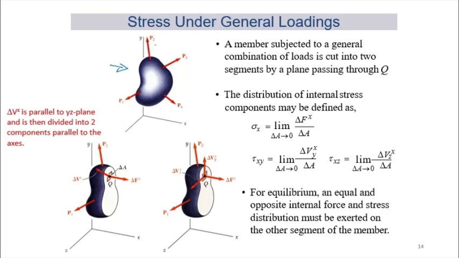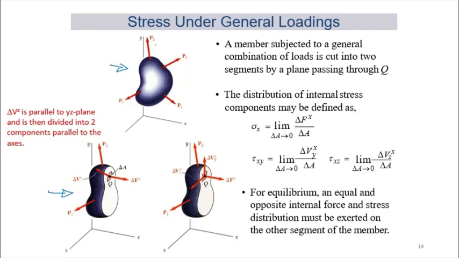So if we take a section, and in this case, we take a section parallel to the plane YZ, so that's in this diagram here. If we take a section parallel to the plane YZ through a point Q, so we have a stress element there on point Q, we will have internal loadings acting on the surface, right?